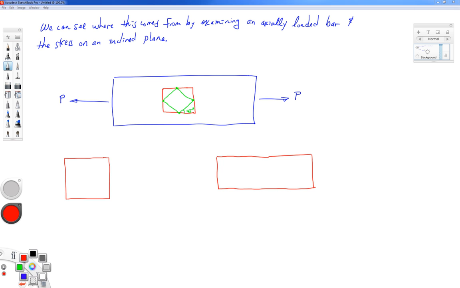Similarly, the square that's been tilted at a 45-degree angle, where it's lined up with the middle of the sides of that red square, becomes more of a diamond shape.